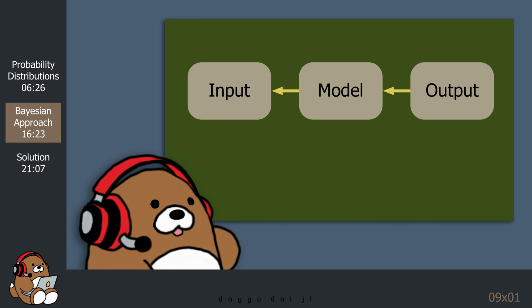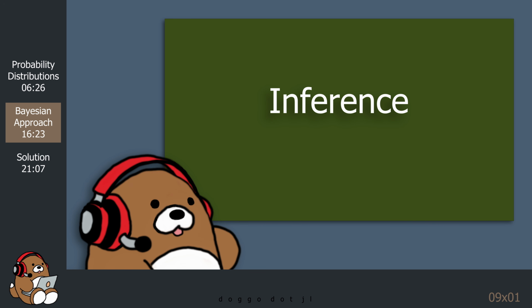Now that we have our model, we need to solve it in order to find the input. Unfortunately, in many cases, we cannot solve a Bayesian model directly. Instead, we need to use a random sampling process in order to infer the distribution of the input parameter.